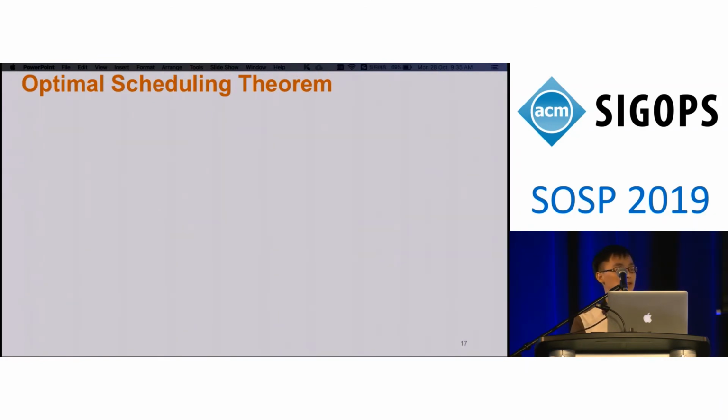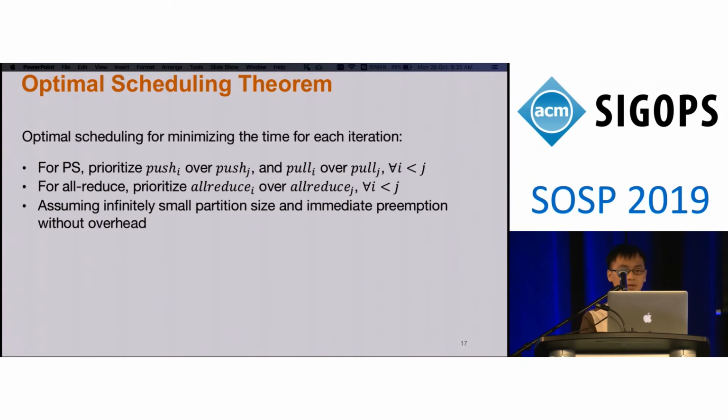So after figuring out the unified abstraction to interact with different frameworks, the next problem is about scheduling. First, we will show that priority queuing is the optimal scheduling for minimizing the time of one iteration in an ideal case. That is, assume the partition size is infinitely small and the preemption can happen immediately without any overhead.